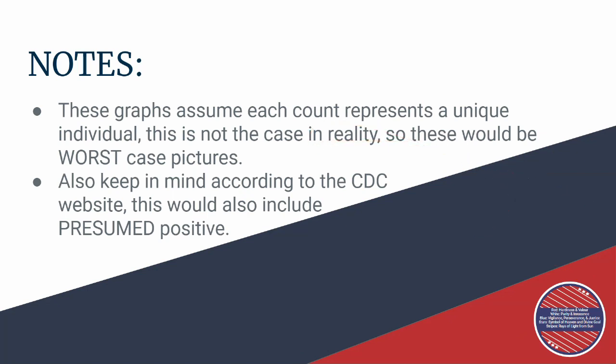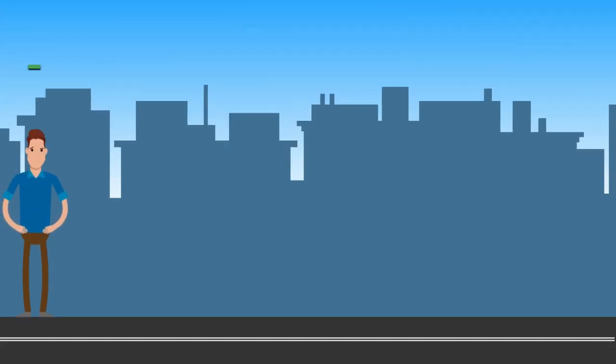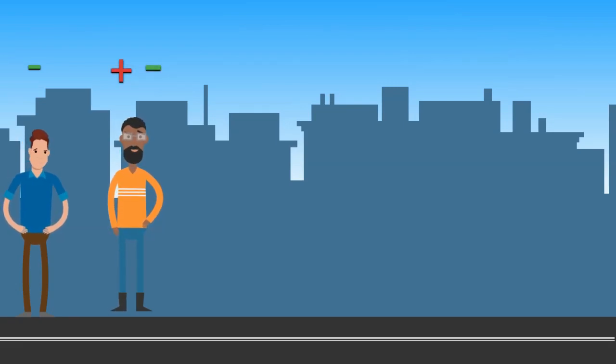Also, keep in mind, according to the CDC website, this would also include presumed positives. For example, you live with someone who tested positive, but you were not tested. You would count as a presumed positive. So now we have 2 people who go to get tested. One of those people gets 2 tests. One was a positive, one was a negative to show that they didn't have it anymore.